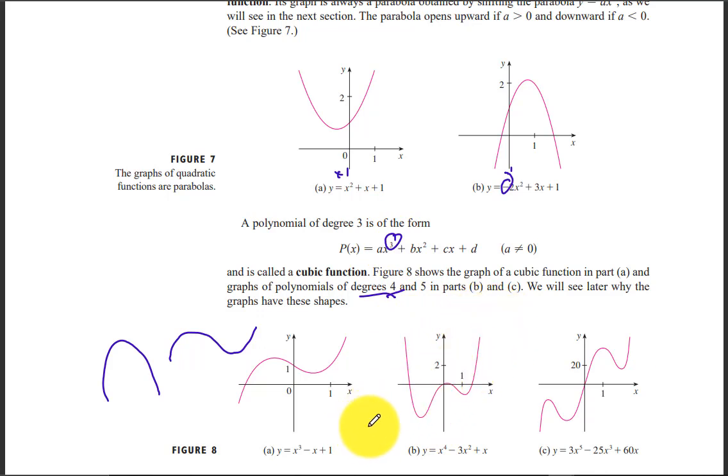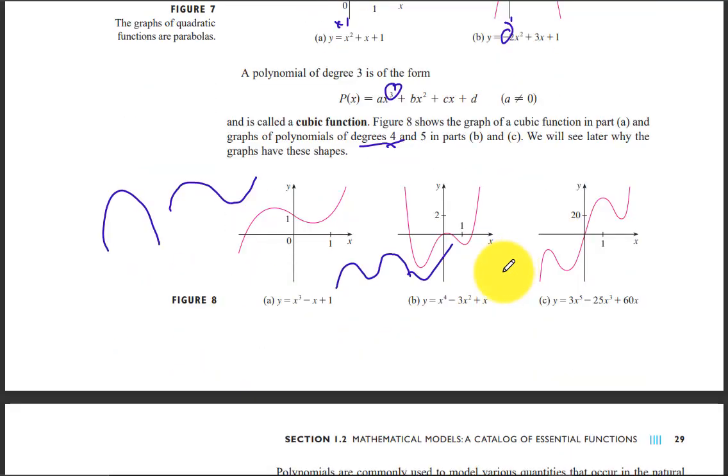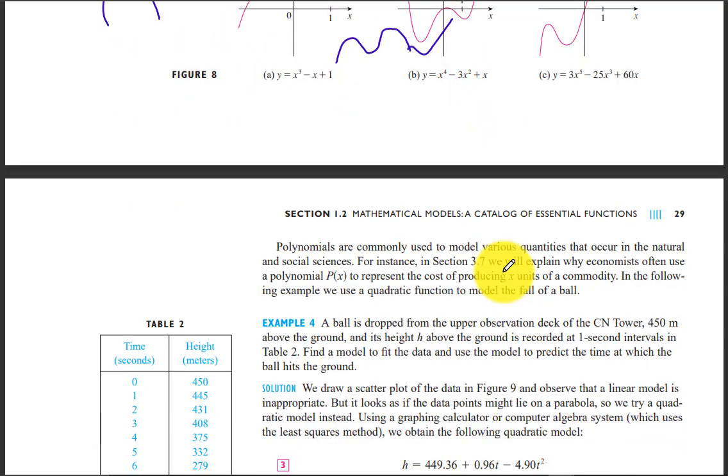Or vice versa. They could go up, down, come back up, and go down again. 4th degree. And 5th degree could have one more to come back up again. Okay? So we can show that perhaps later in the course that that's true, but that's what happens with polynomials.